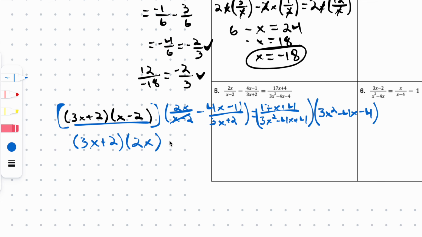And conversely, when we multiply it times 4x minus 1, we have 3x plus 2 on the denominator, so that cancels out. And so now we're left with 4x minus 1 times x minus 2.